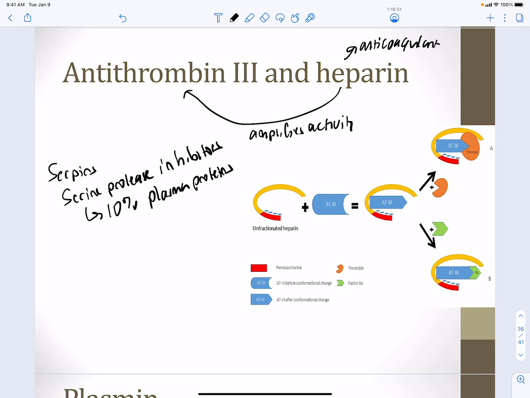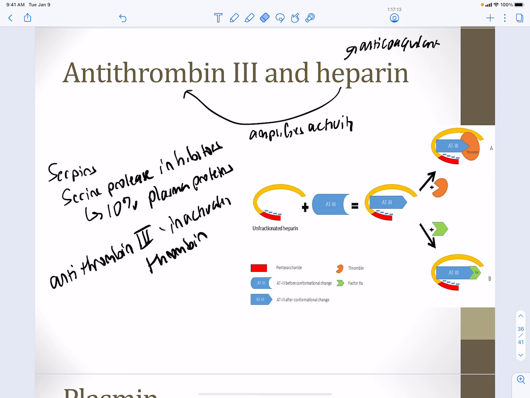And so antithrombin 3 inactivates thrombin, for example. Antithrombin 3 also inactivates factors 13A, 10A, and 9A.